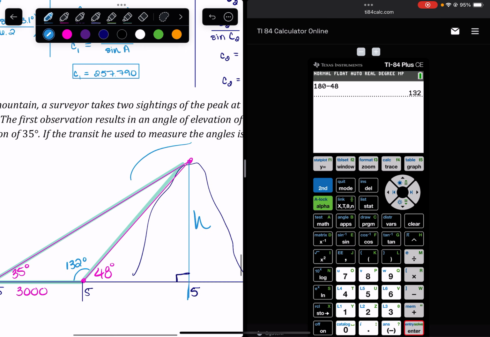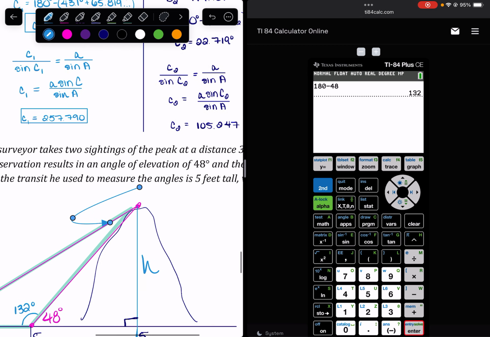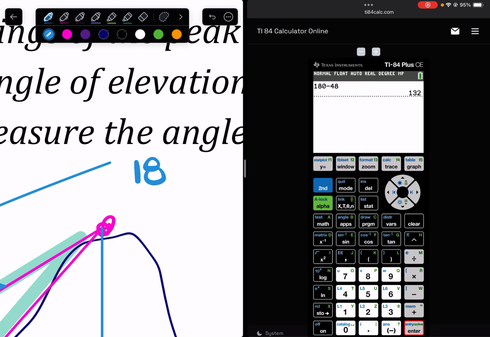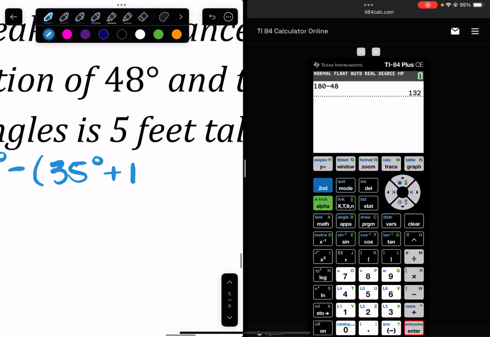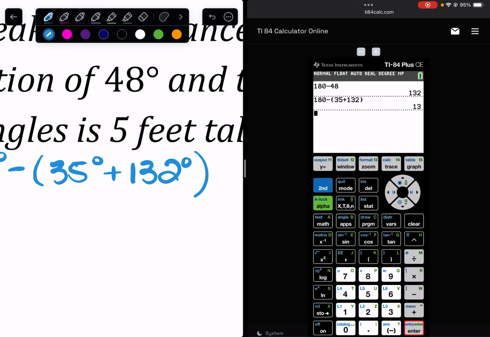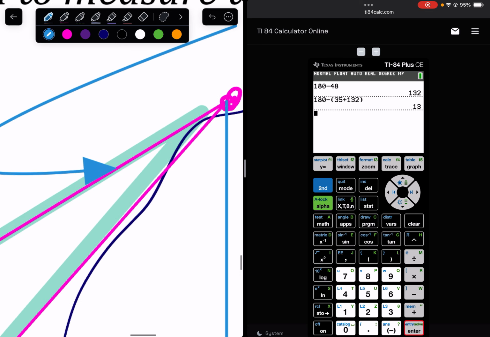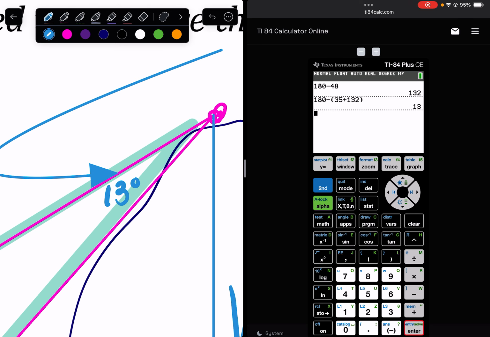This angle here is going to be 180 minus the sum of that 35-degree angle and that 132-degree angle, because we just found them. So 180 minus 35 plus 132. So we have a 13-degree angle right here. I'm going to label it 13 degrees.